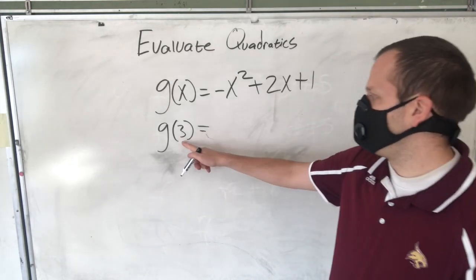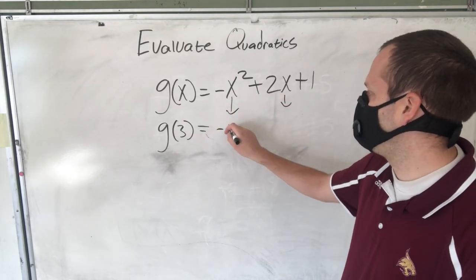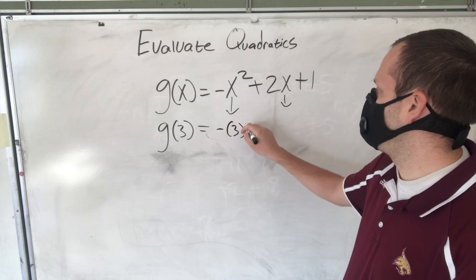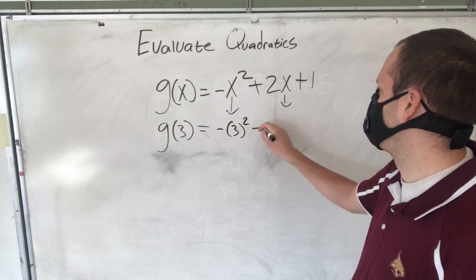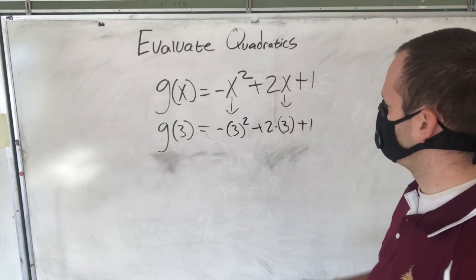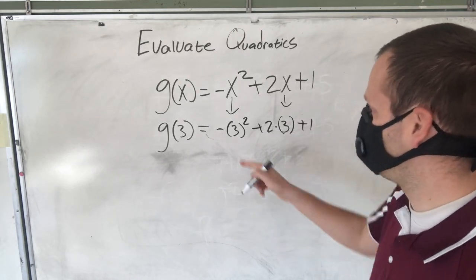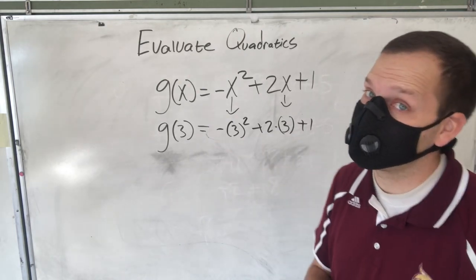We're going to take 3 and plug it in for all of the x's. So that gives me negative 3 squared plus 2 times 3 plus 1. A mistake that I'm sure a lot of people made is they didn't put the parentheses here. Might give you a different answer. You got to be careful.